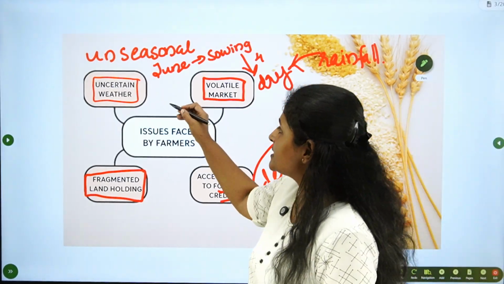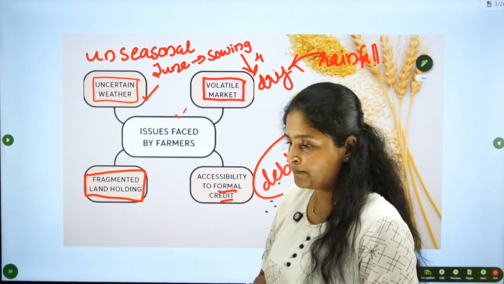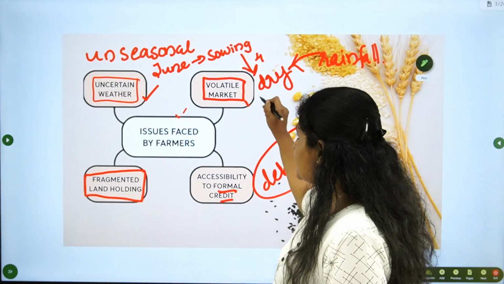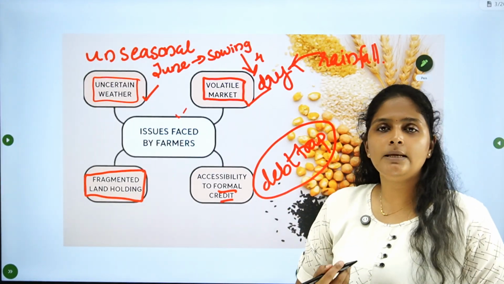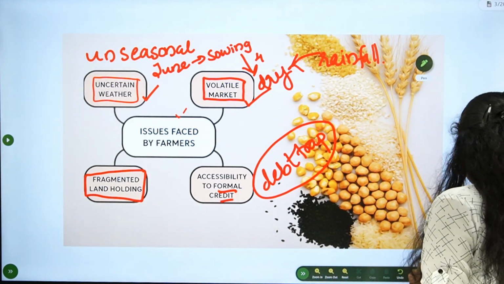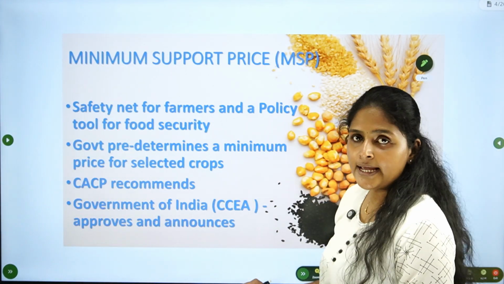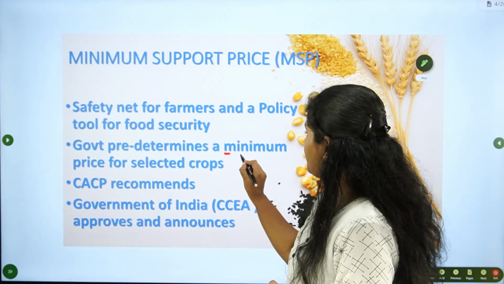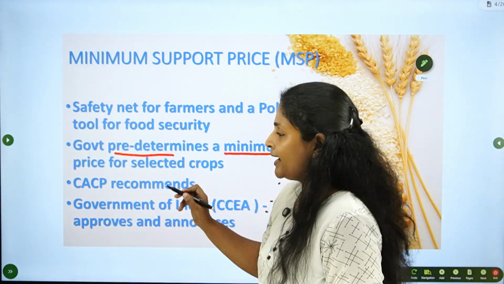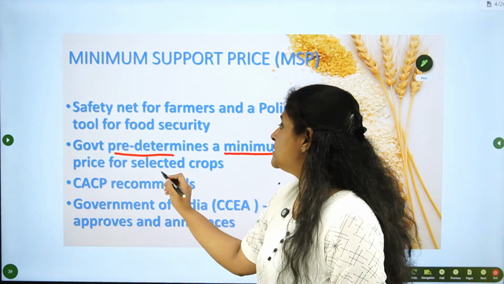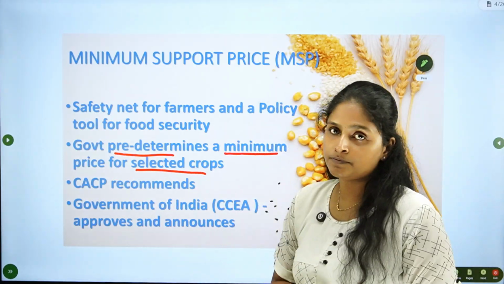Now, to solve this uncertainty in weather and volatility in the market, the government put forward MSP or Minimum Support Price. As the name suggests, Minimum Support Price or MSP is the minimum price which is predetermined and that applies on selected crops.